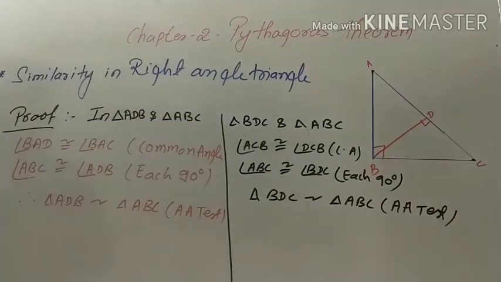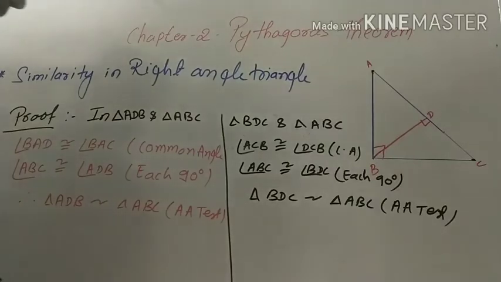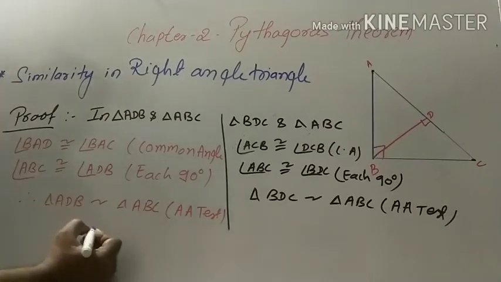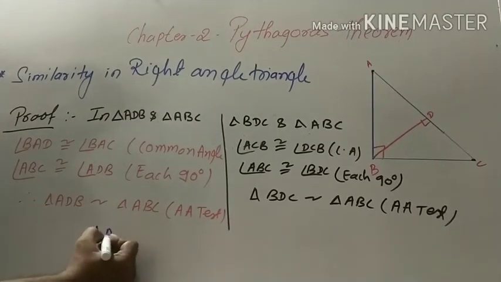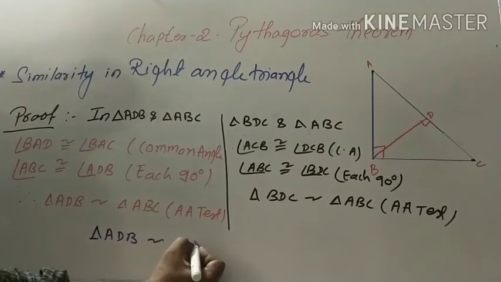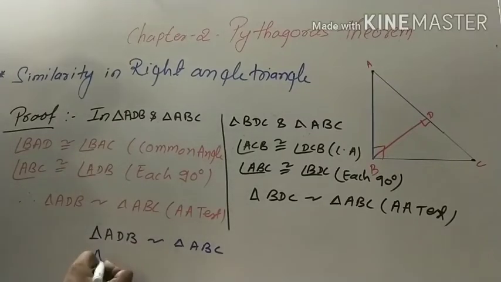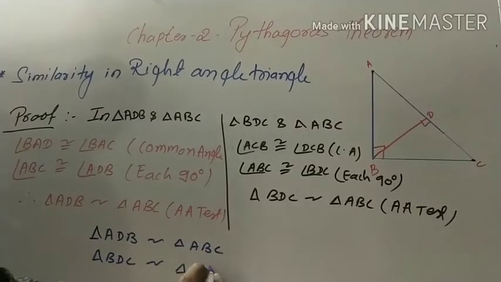By this it is proved triangle ADB similar triangle ABC and triangle BDC similar triangle ABC.